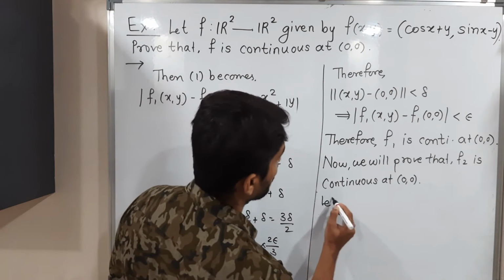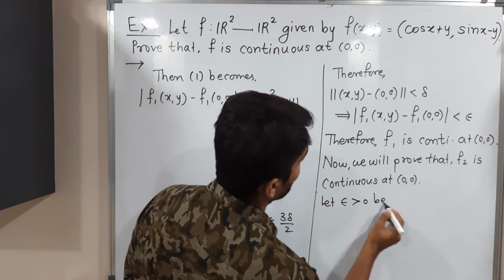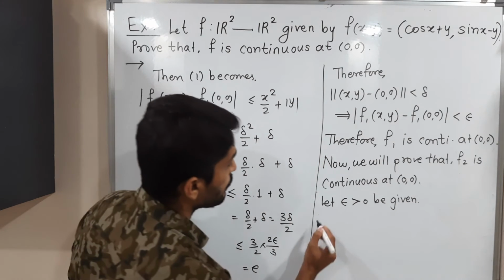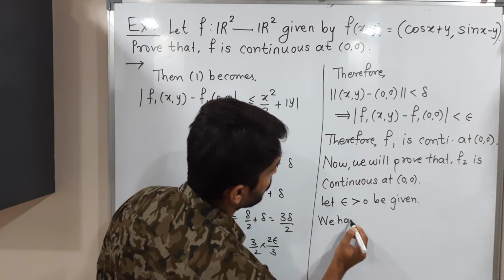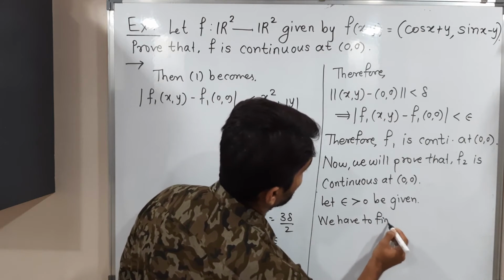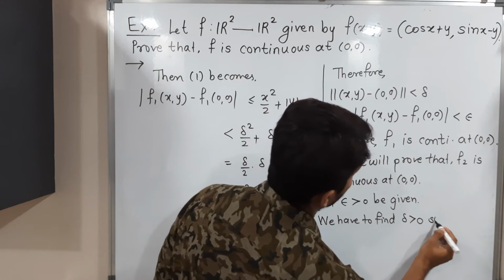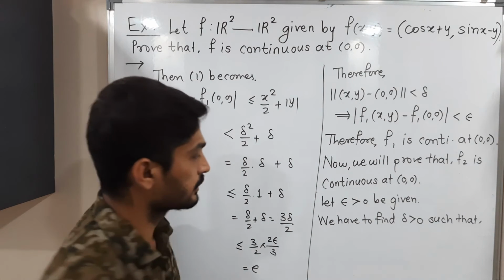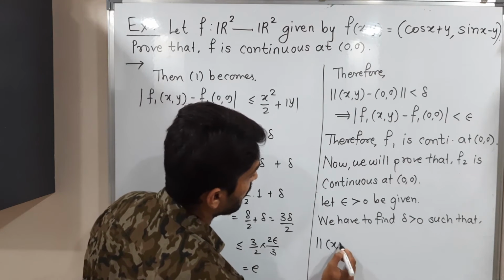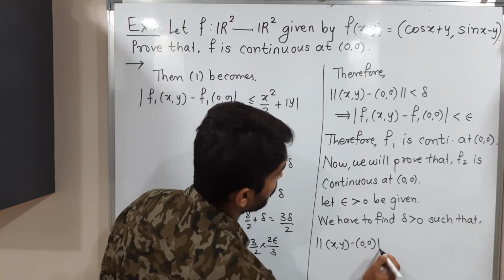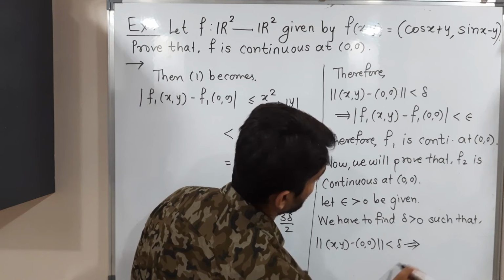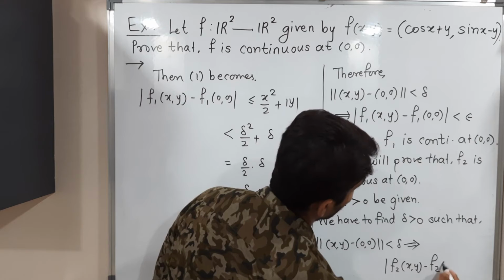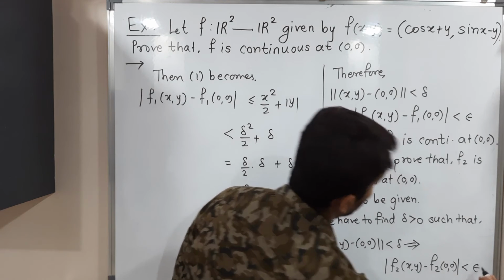So see, let epsilon greater than 0 be given, and for this epsilon we have to find delta greater than 0 such that, simply it should follow the definition, such that norm xy minus 0, 0 less than delta implies mod f2 of xy minus f2 of 0, 0 should be less than epsilon.